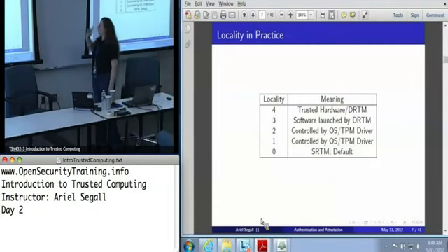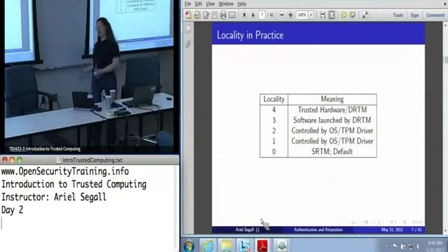So in practice, we don't really have 5 different sets of permissions here. The trusted hardware on the DRTM is still distinct from the software that is launched by the DRTM. After we pass out of CPU-controlled code, we do in fact have an automatic locality change from 4 to 3.